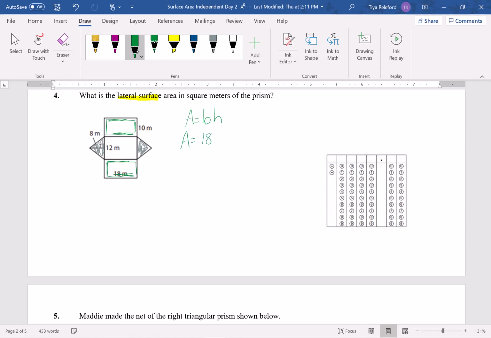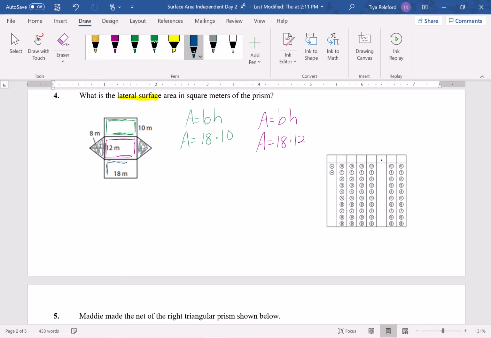Now be careful, because your green rectangle has a base of 18 and a height of 10. Oops, see, I'm already making a mistake. Green rectangle, base of 18, height of 10. Pink rectangle, base of 18, height of 12.